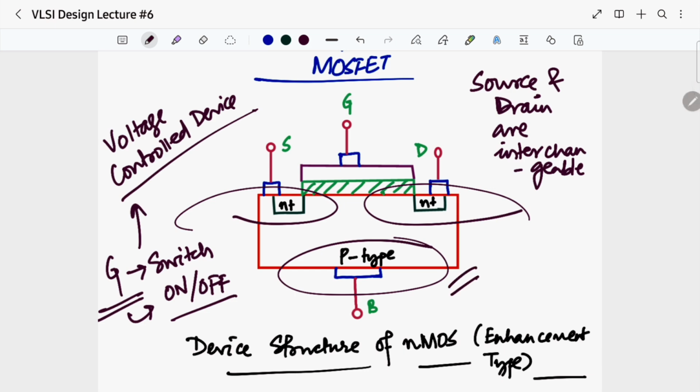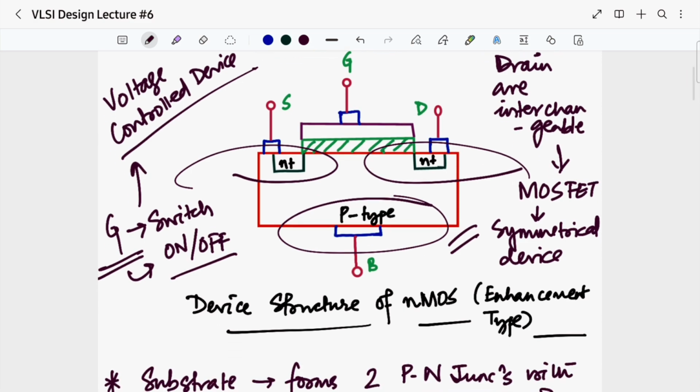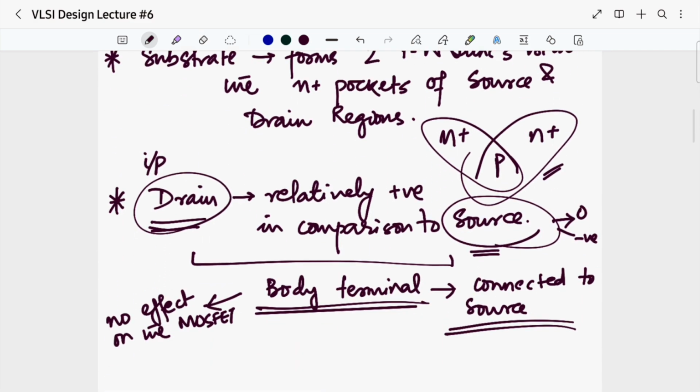Both are the same to each other. So I can actually interchange drain and source and still my device will function the same. And since it is interchangeable, MOSFET becomes a symmetrical device. MOSFET becomes a symmetrical device.